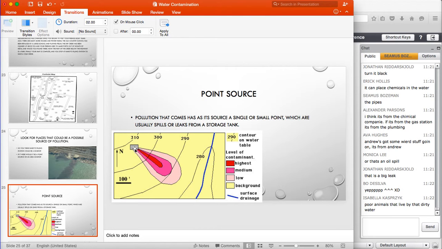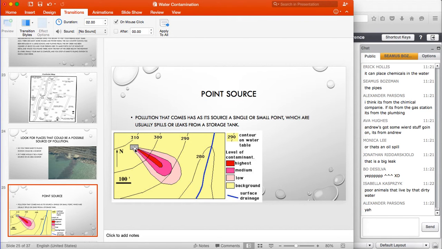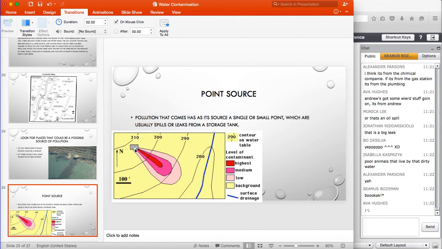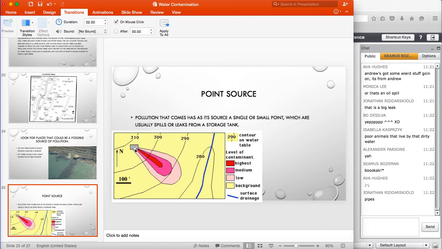That's because there's giant tanks underneath the ground, right? Imagine if the tank had a crack on the bottom of that tank. Well, that would be pollution coming from a very specific source. And that's what we're talking about with this point source pollution.